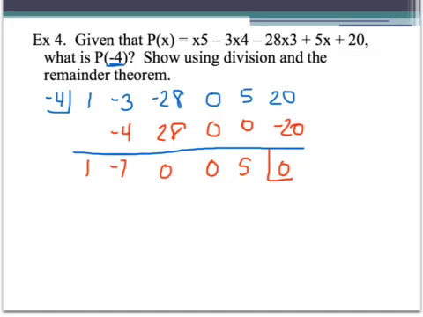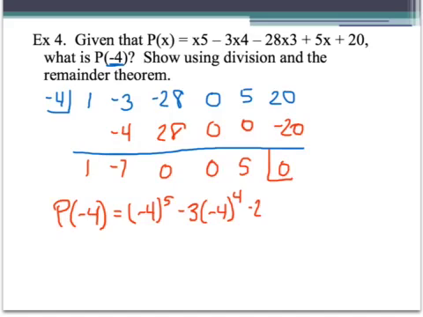Let's see what I get when I plug in negative 4 for my function. So basically, I'm going to evaluate my function for negative 4. And you would type this in your calculator. If you don't remember, wherever there's an x, you're going to replace that with negative 4.